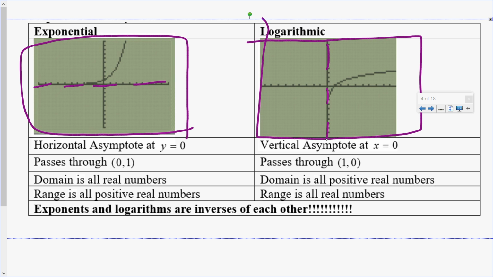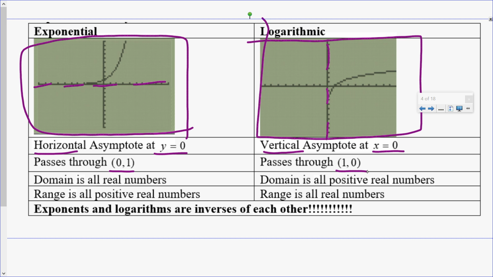It's getting closer and closer to that value, but never touching. Exponential has a horizontal asymptote. Logarithmic has a vertical. Exponential is y equals 0. Logarithmic is x equals 0. Exponential passes through 0, 1. Logarithmic passes through 1, 0.